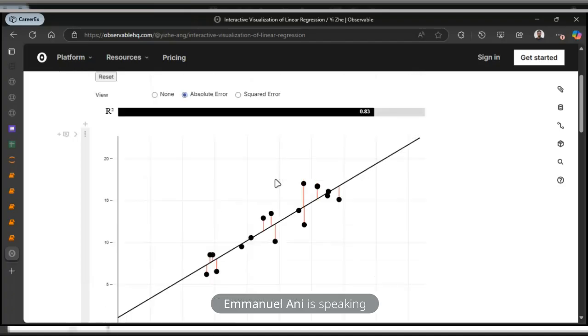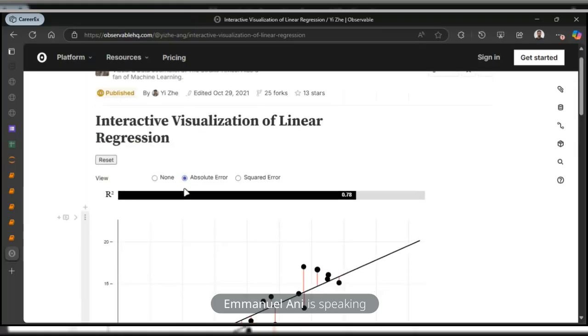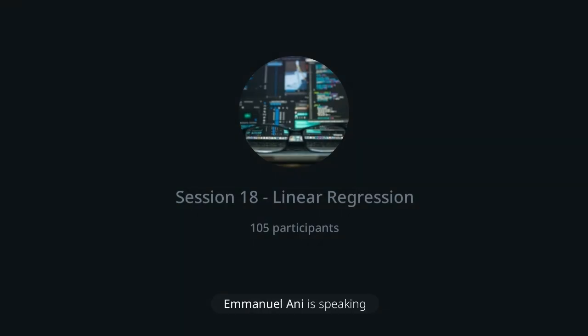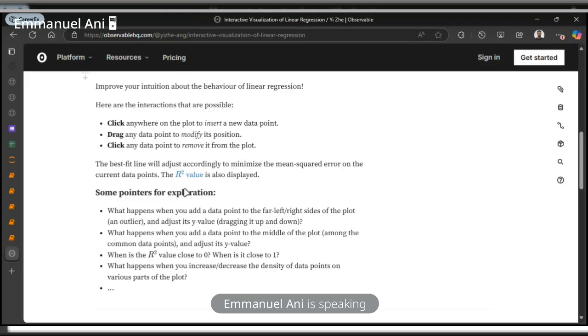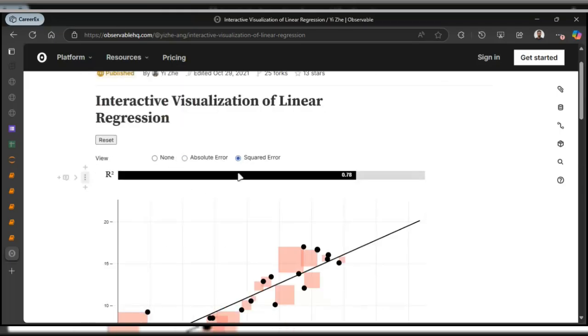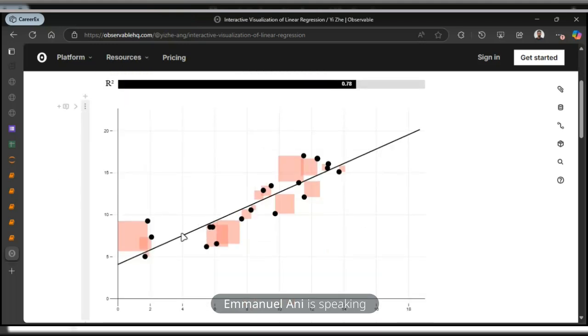So let me see if I can move this line. You can see that as I'm moving this line here, the R square changes.